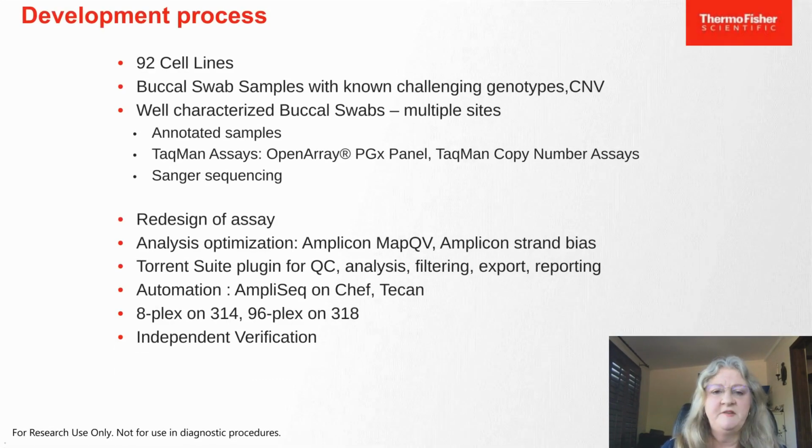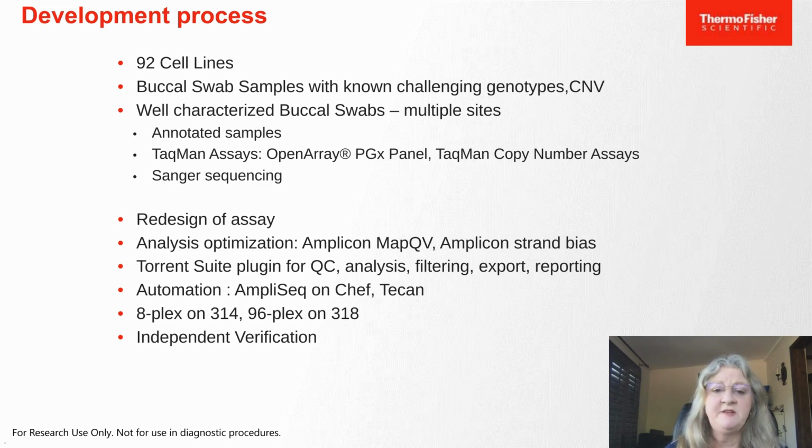Our development process included 92 cell lines with known genotypes for the genes involved. We had buccal swab samples that contained known challenging genotypes and known copy number state for CYP2D6. And we collected buccal swab samples from multiple sites from volunteers.